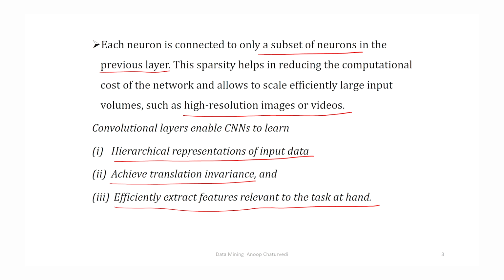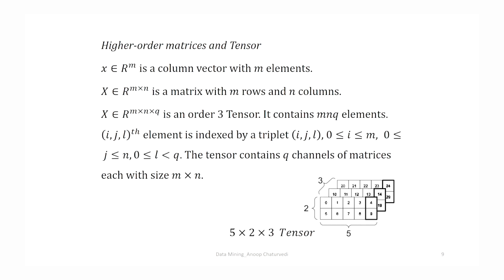So, you have a proper hierarchical feature extraction property. It extracts the features of the input data in a hierarchical fashion. It also achieves translation invariance, and then it also extracts the features which are relevant to your task.